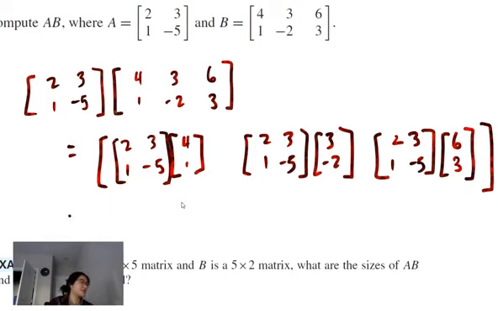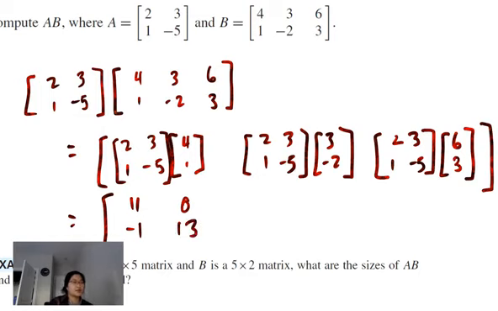Okay, so we get 8 plus 3 is 11. 4 minus 5 is negative 1. 3 times 2 minus 2 times 3 is 0. 3 plus 10 is 13.